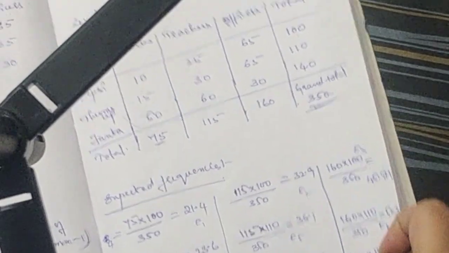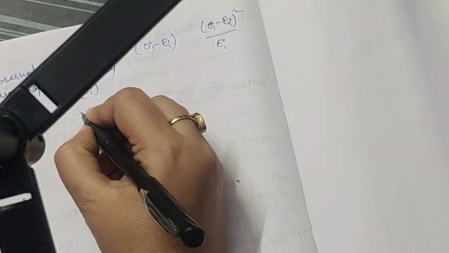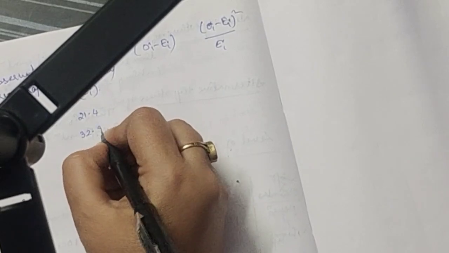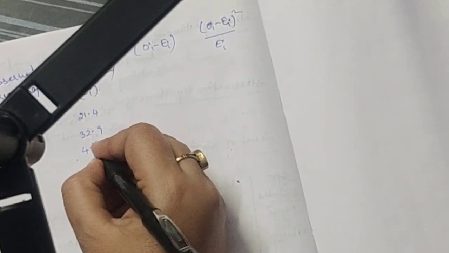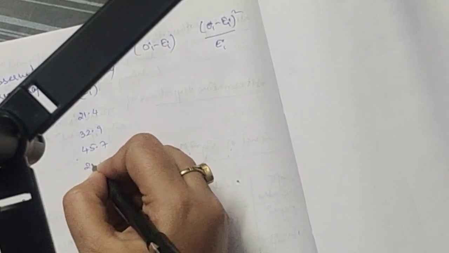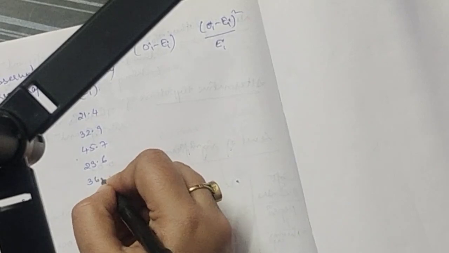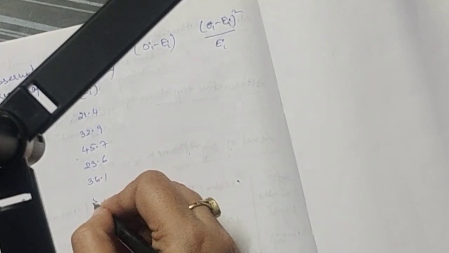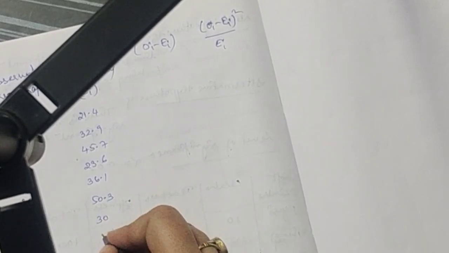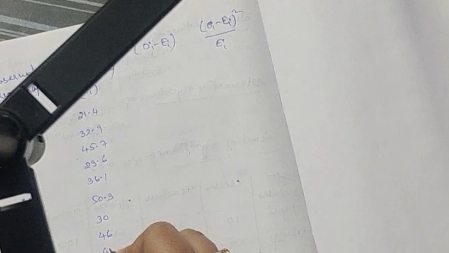Frame the data, that is equal to 21.4, 32.9, 45.7, next is 23.6, 36.1, 50.3, 30, next is equal to 46 and next is equal to 64.